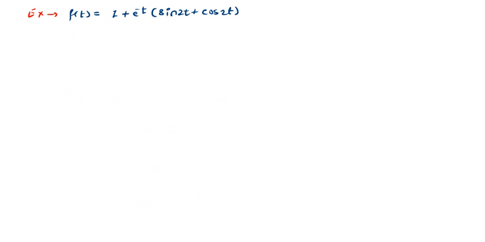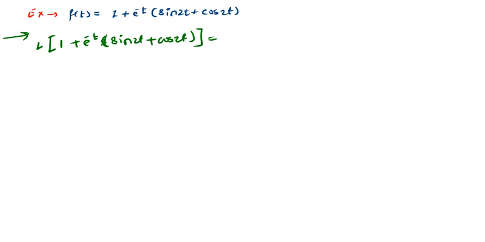Next example, we will see the Laplace transform of this function. Firstly we will write the given function. You want to find the Laplace transform of 1 plus e raised to minus t into sine 2t plus cos 2t.